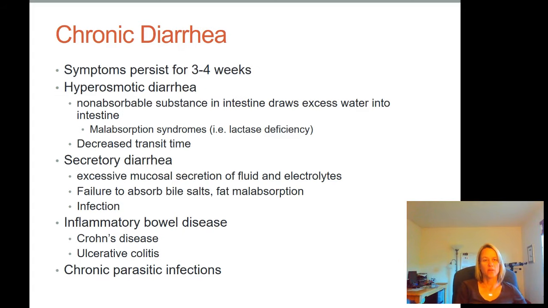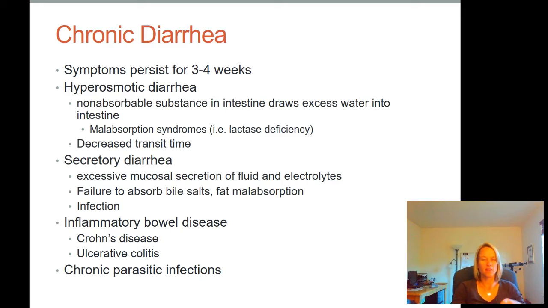Chronic diarrhea. We have symptoms that persist for 3 to 4 weeks. Hyperosmotic diarrhea is where we have non-reabsorbable substances in the intestine that draw excess water into the intestine. This would occur with malabsorption syndrome, such as with people that are lactose intolerant. They lack the enzyme lactase to break down lactose into monosaccharides, and we can't absorb the disaccharide.